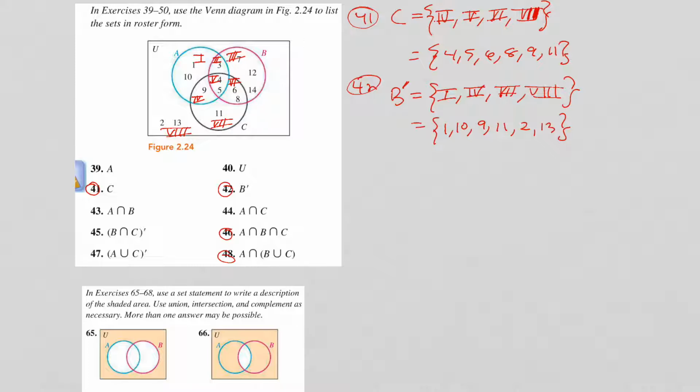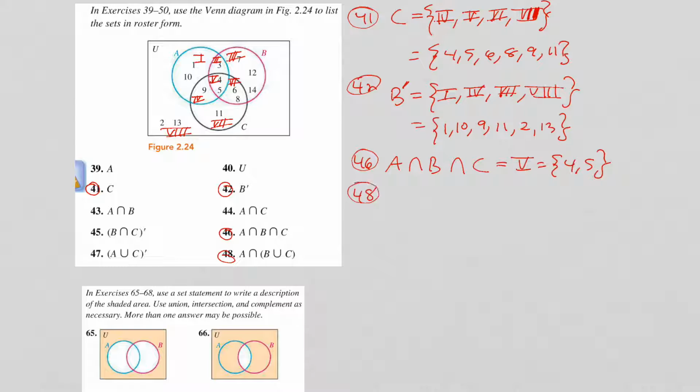Next we have 46. So by now you should know what this means, the intersection of all 3 sets, A intersection B intersection C, which is region 5, and that's 4 and 5. Okay.